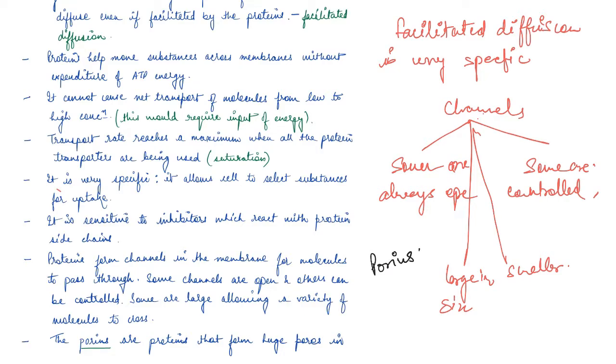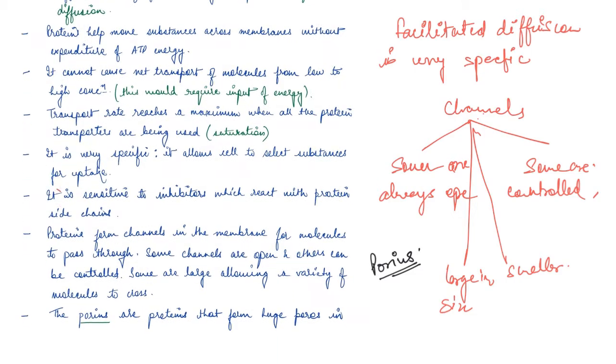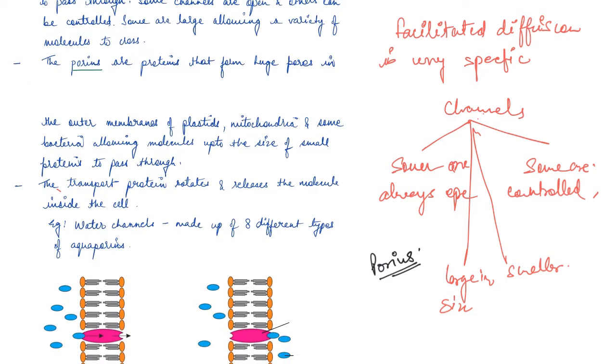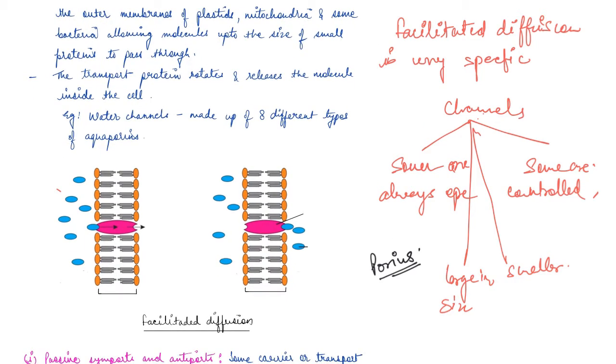Porins are proteins that form huge pores in the outer membrane of plastids, mitochondria, and in some bacteria as well, and they allow molecules up to the size of small proteins to pass through, right? So remember this name, porins, right?